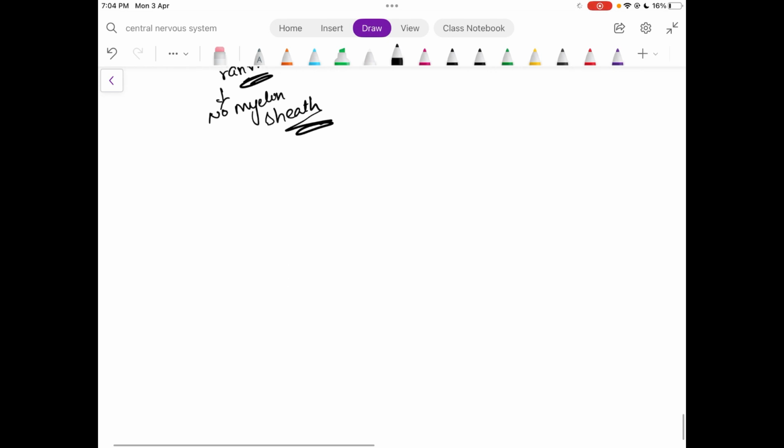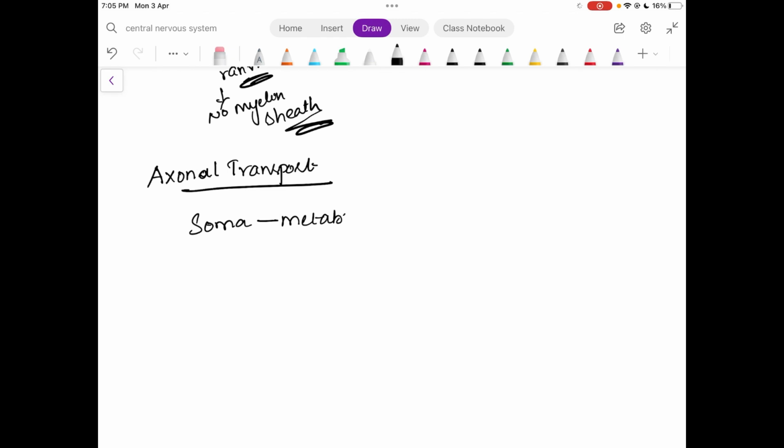And this is about the cell body, dendrites, and axon. And we'll see how the materials and information are transported from the cell body. That is axonal transport. And the soma is the metabolic engine of neuron.